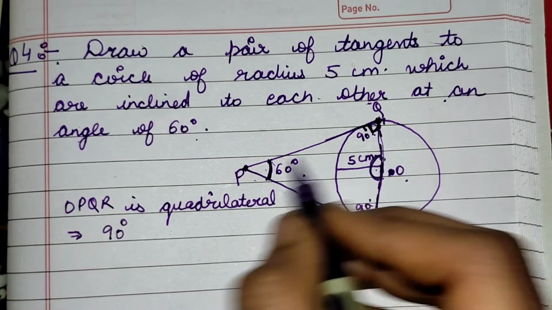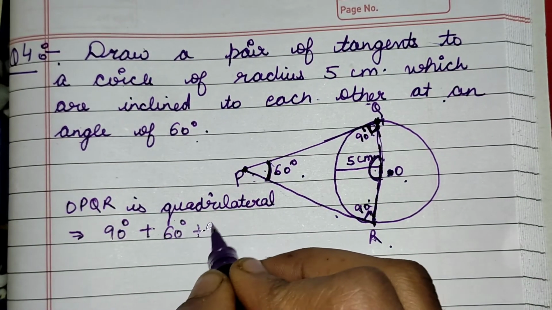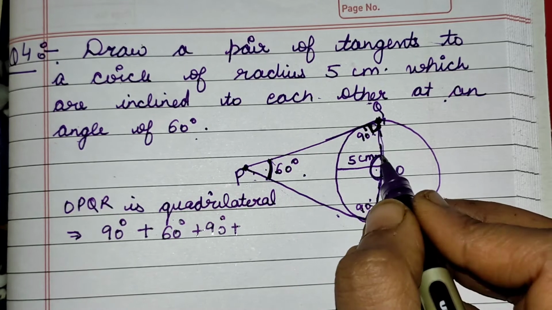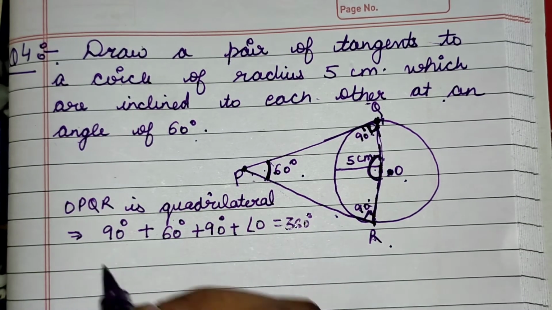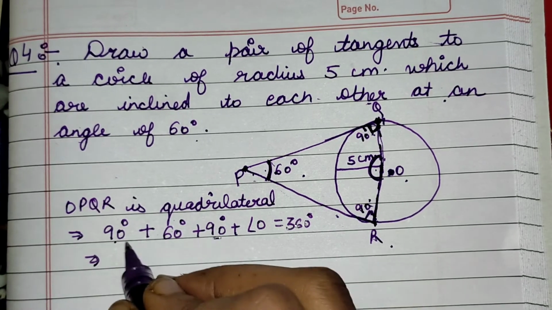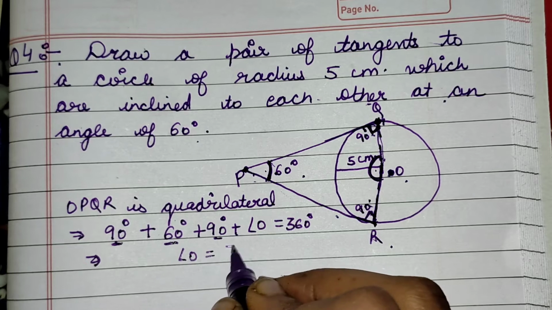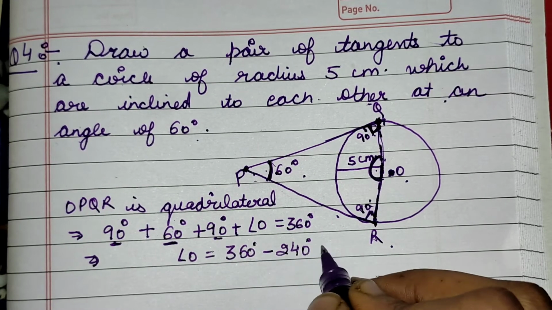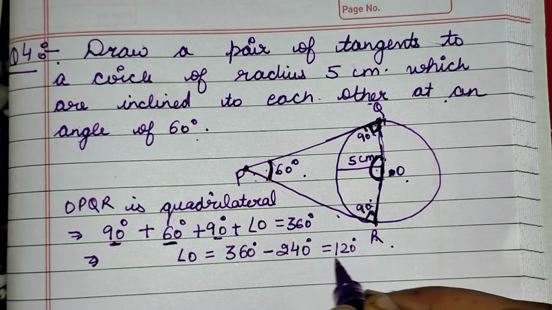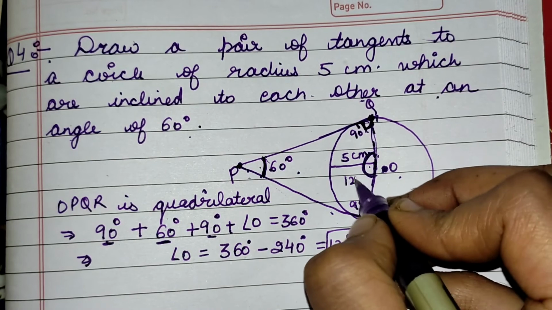So that means 90 degree plus 60 degree plus 90 degree plus this angle O, all angles will be equal to 360. So 90 plus 90 will be 180. 180 plus 60 will be 240. So angle O will be equal to 360 minus 240, which is equal to 120 degree.